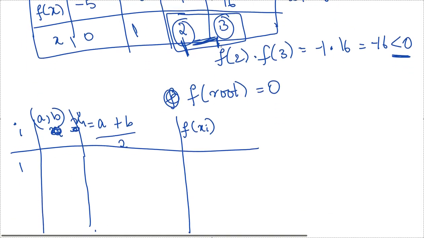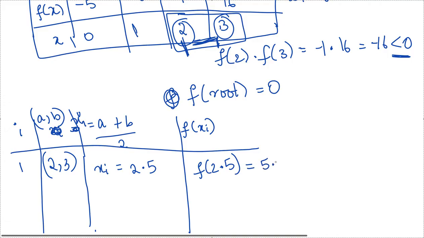So we have got 2 and 3. So 2, 3 is a and b. Now what is xi? 2 plus 3 by 2, which is 2.5. So now let's find out what is f of 2.5. If it is giving 0, we know that it is the root. But let's see, what is f of 2.5?